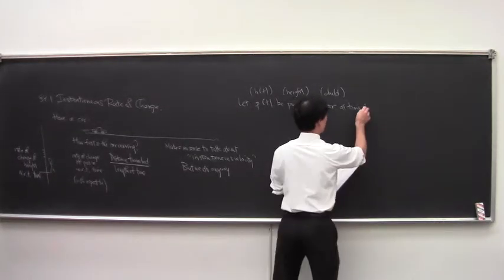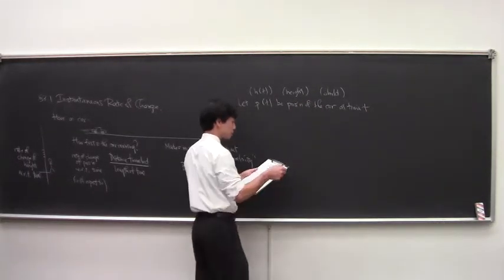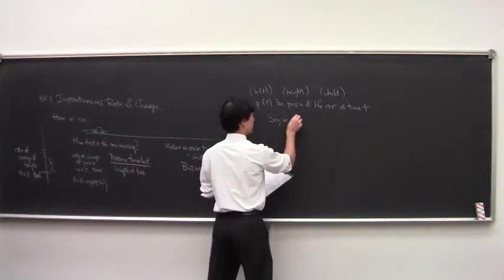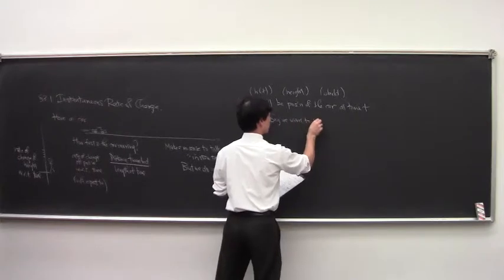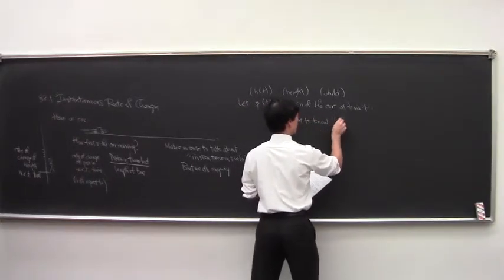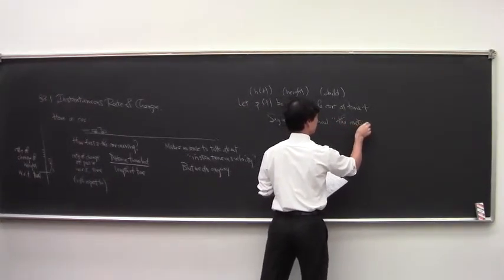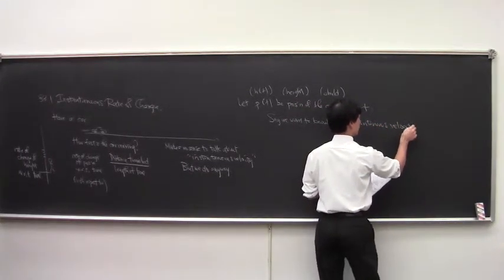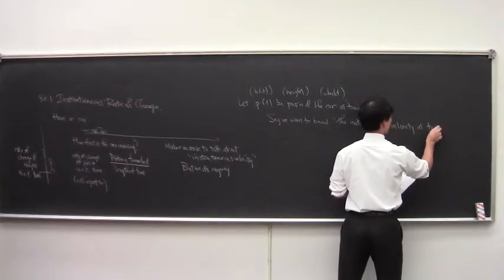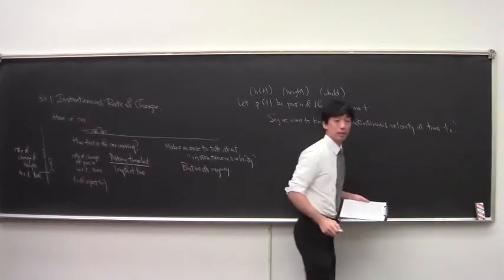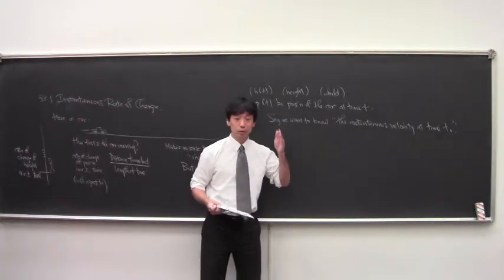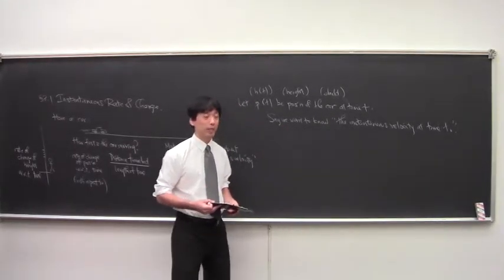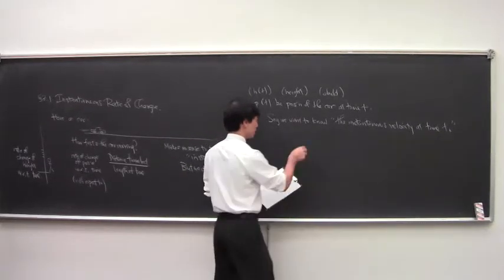Say we want to know the instantaneous velocity at time t naught. So at 12 o'clock noon, how fast was this car moving?